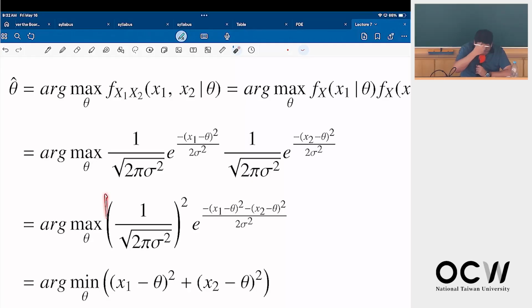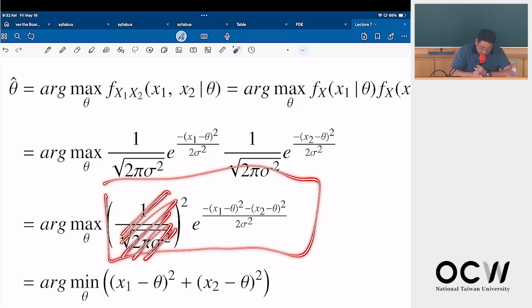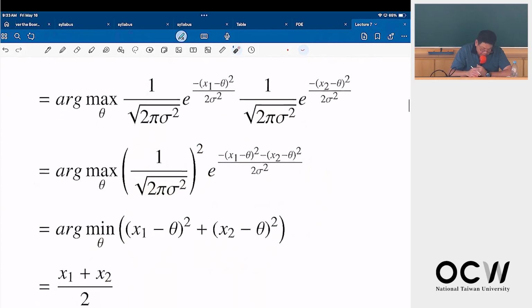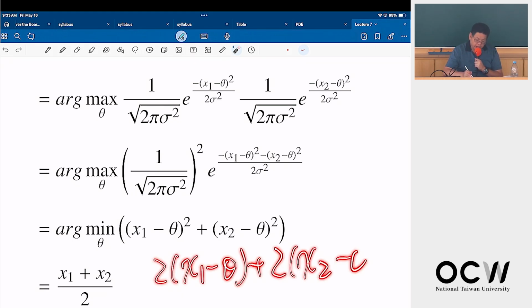To maximize this, we can skip the constant. Since we have a minus sign, we find the minimum of these two perfect squares. How do we find the minimum? We take the derivative: 2(x1 minus theta) plus 2(x2 minus theta) equals 0. So theta is (x1 plus x2) divided by 2.